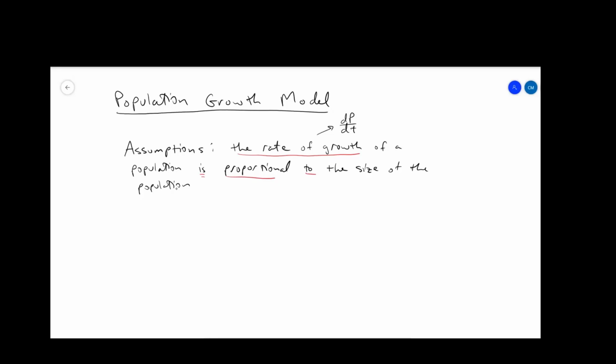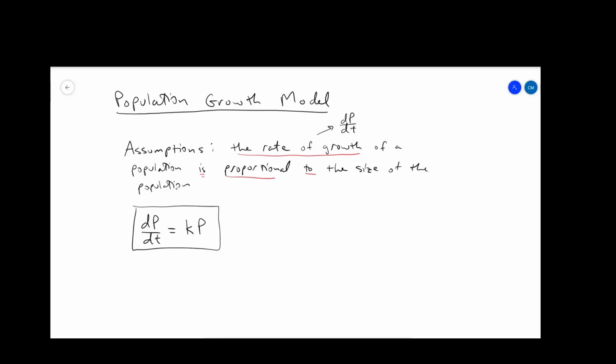And so when you change this sentence into an equation, you get dP/dt, again, "is" means equals, is proportional to, well, that's the constant of proportionality. We usually call that k. What is it proportional to? The size of the population. Well, we've said that the size of the population is denoted by a P. So that's it. This is a very simple differential equation. dP/dt is equal to kP.